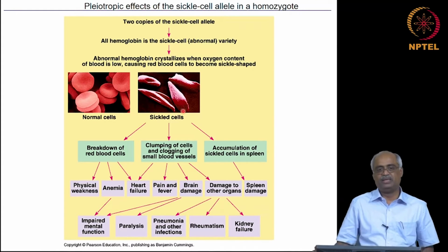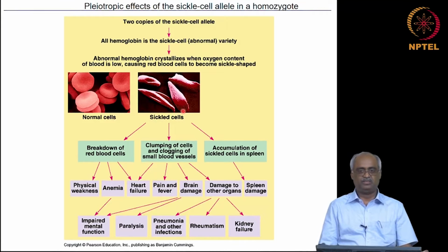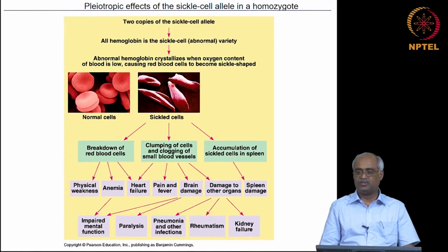So, the genotype is clearly one single variation. Two different alleles, one has glutamic acid, another has valine, one single gene only, but the biochemical nature of that protein causes multiple phenotypes due to the RBC being like that. Those RBC are going to be broken down, and because they are not available and oxygen is not transported, you have problems like physical weakness, anemia.